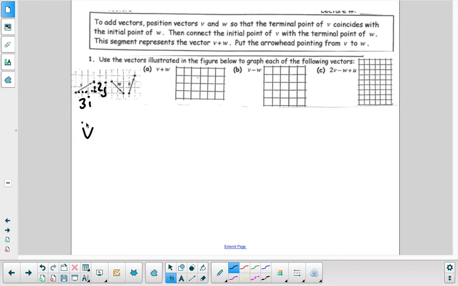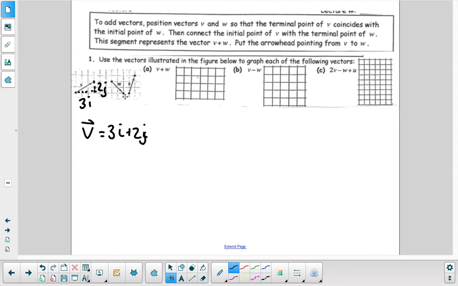So vector v, often written like this, is 3i plus 2j. I and j just have to do with the directions. So I would be the horizontal direction, j is the vertical direction. Again, you don't have to use I and j. You could use x and y, things like that. But I will try to keep it in terms of that.